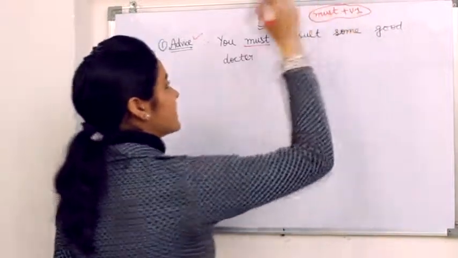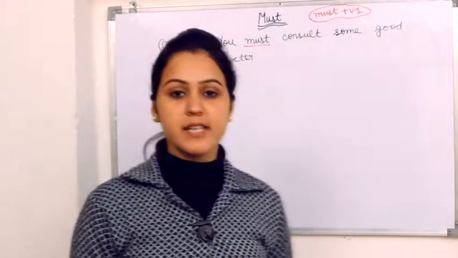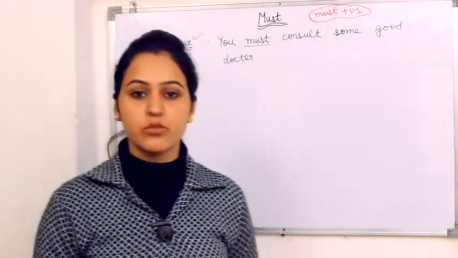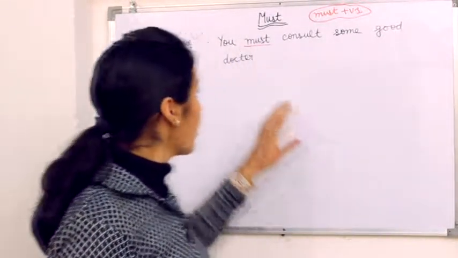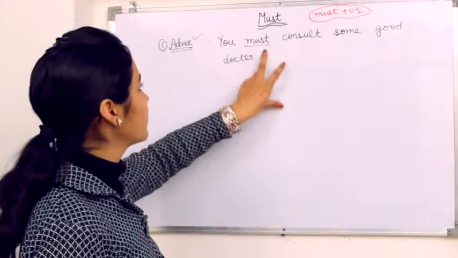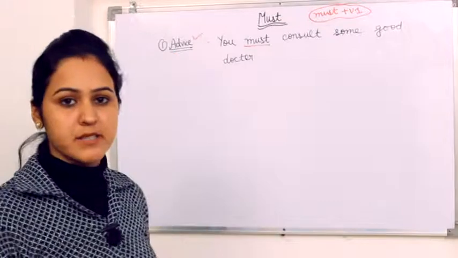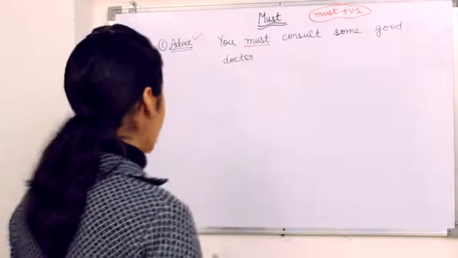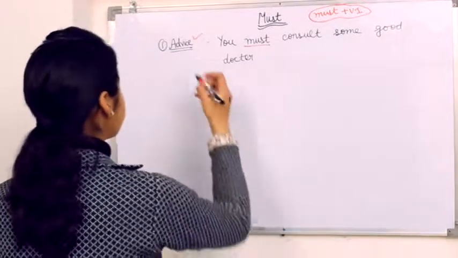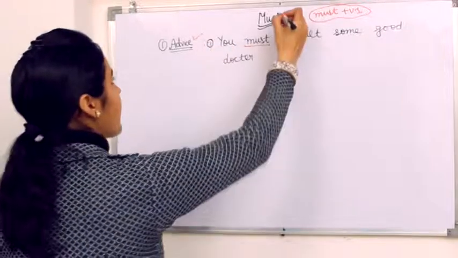In any auxiliary verb, we must apply the rule of V1 only. So, if we talk about advice, then we must use must here.